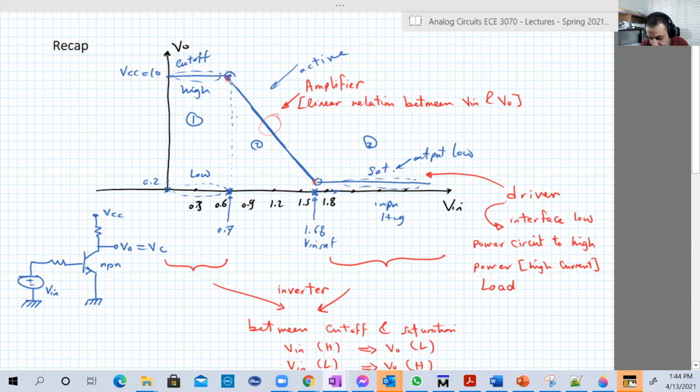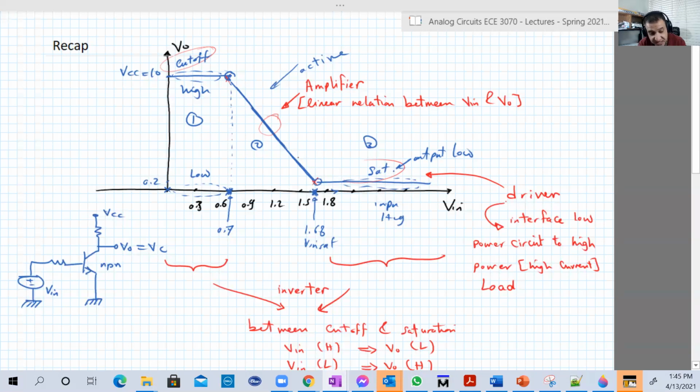This gain is basically the amplification that you get. And between cutoff and saturation, you can use the transistor as an inverter driver, as we discussed. Now we're going to go deeply into the active region and the amplification characteristics.